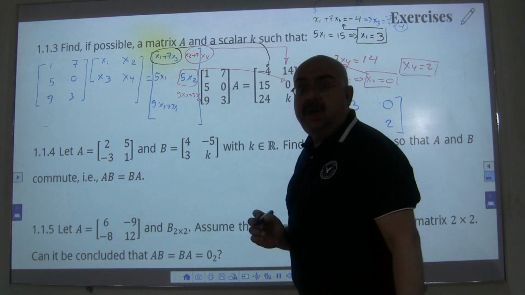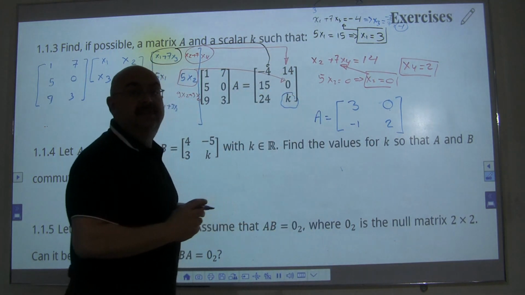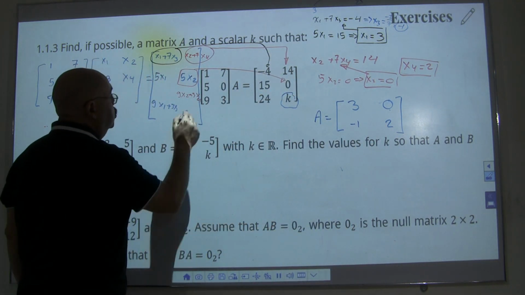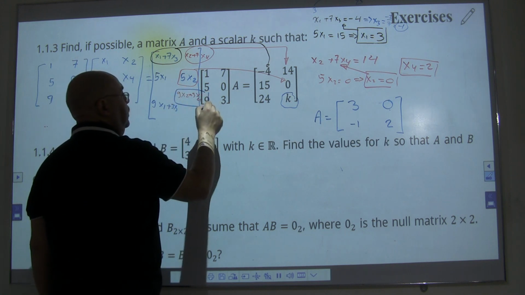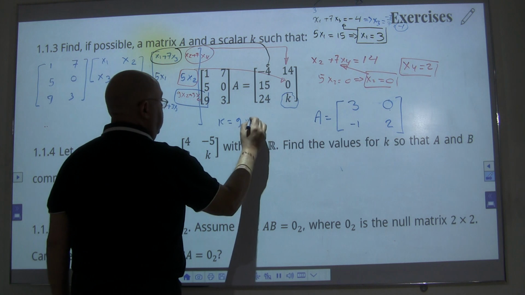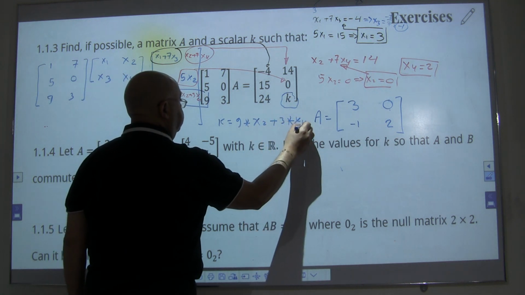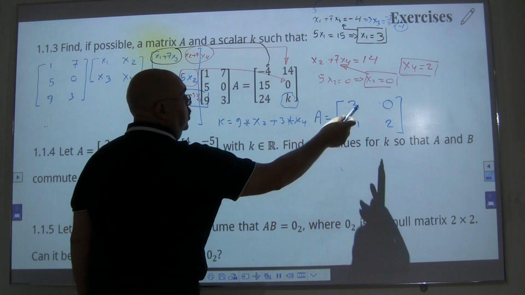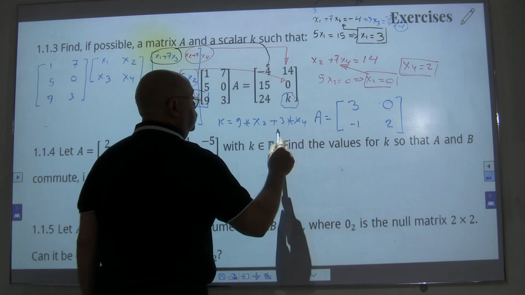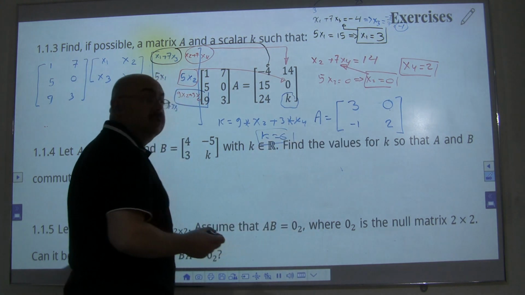This is the matrix A. He is also asking you about the value of K, which is supposed to equal 9x2 plus 3x4. K equals 9 times x2, which is 0, plus 3 times x4. So x2 equals 0 and x4 equals 2, so K should equal 6.